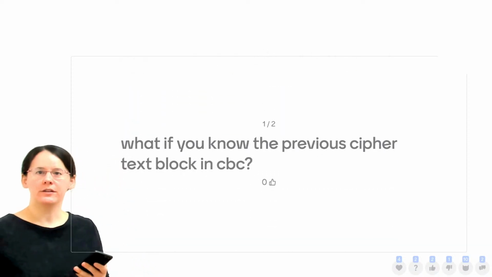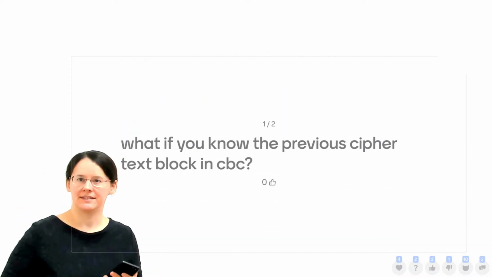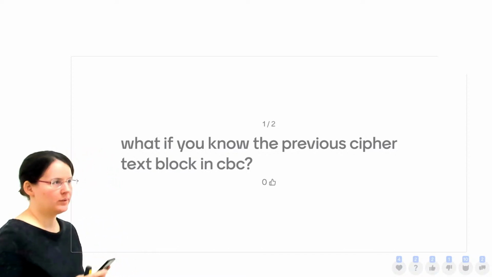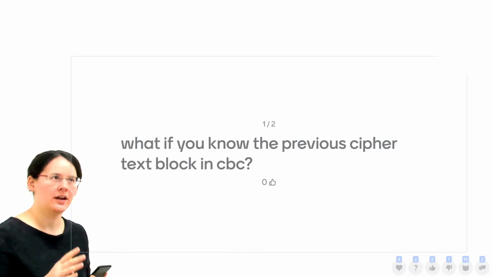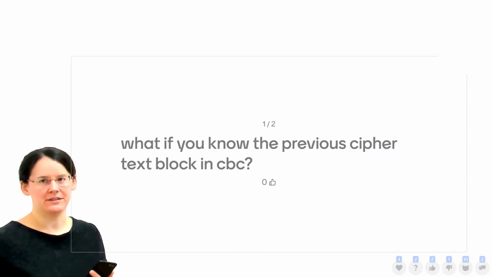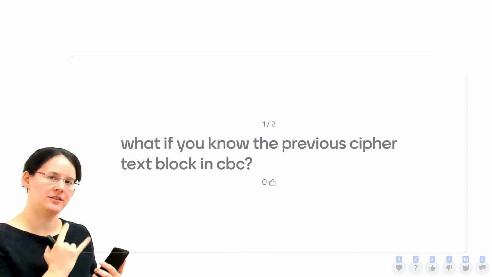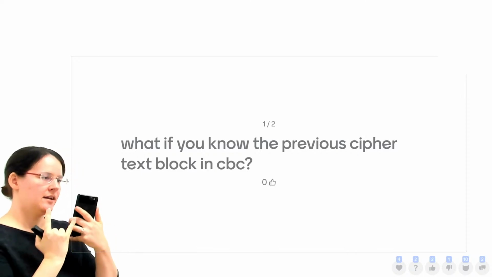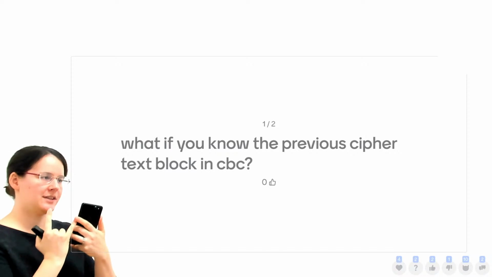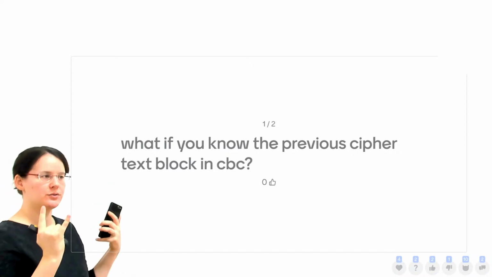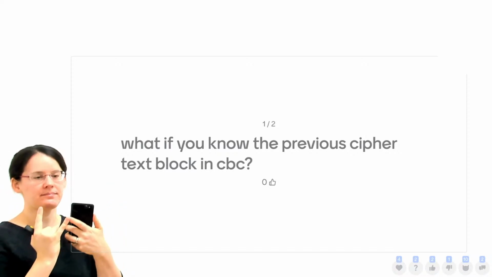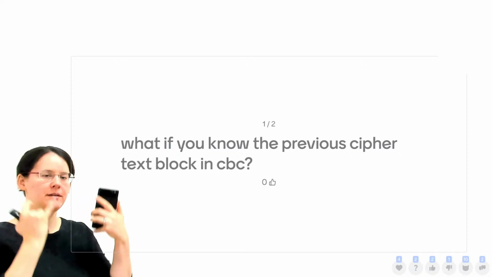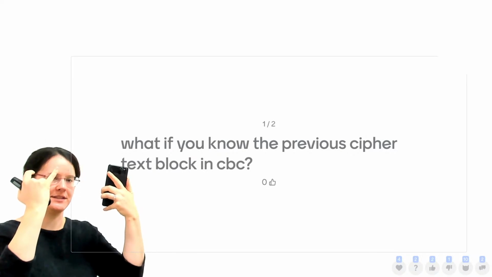So, what if you know the previous ciphertext block in CBC? Well, if you know the block, you can learn a bit about the message. If you know two consecutive ciphertext blocks, and one of the ciphertext blocks happens to be identical to one you saw in another message, then the input to these block cipher calls was the same.